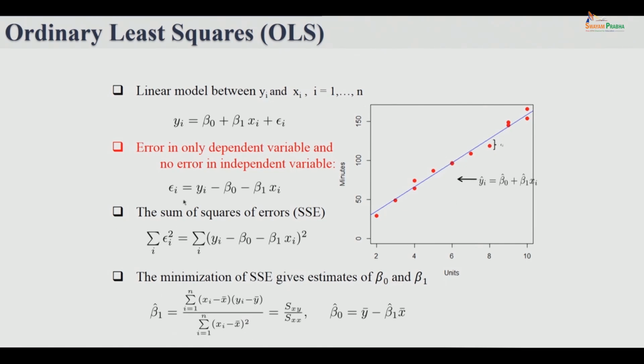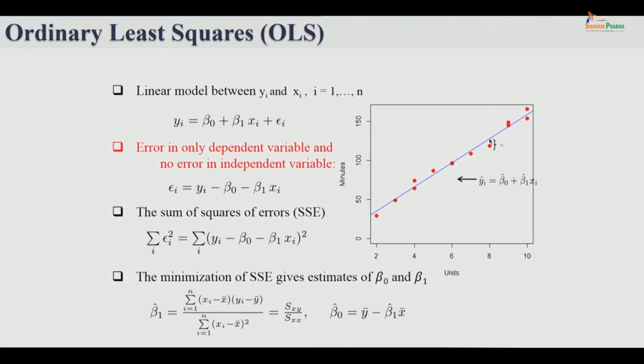Okay. In this particular case, let us take this observed value, yi, corresponding to this xi, which is 8. Now, if this particular equation is correct, then this is the predicted value of y, which means for this given value of xi, according to this equation, you believe y predicted should be here.